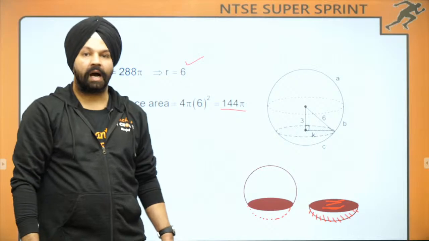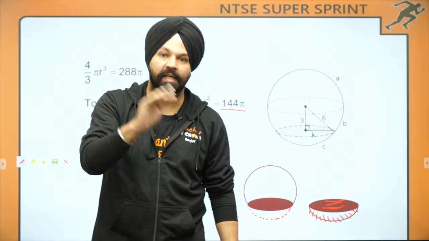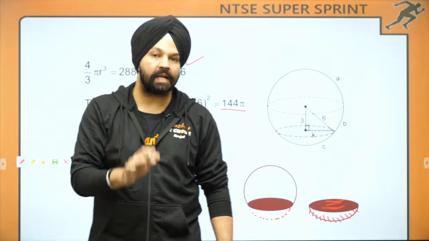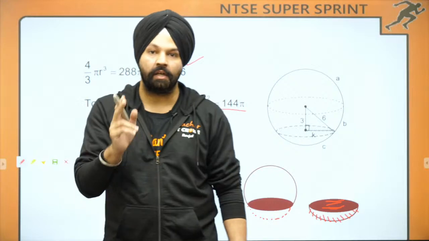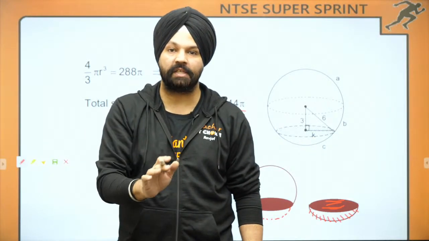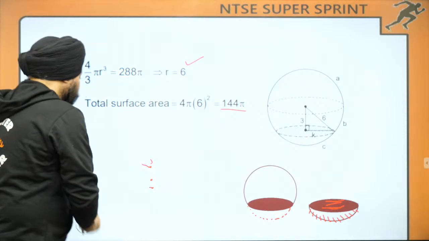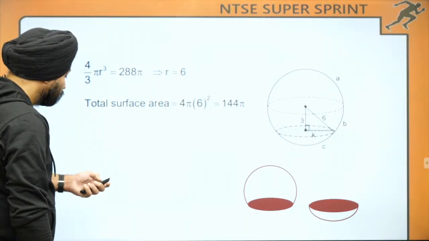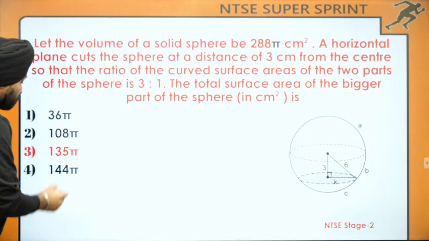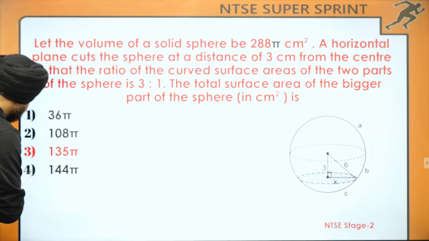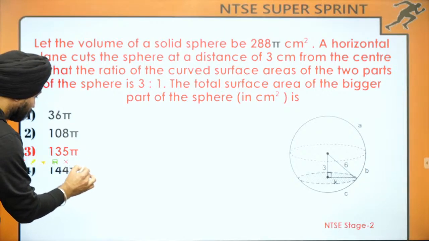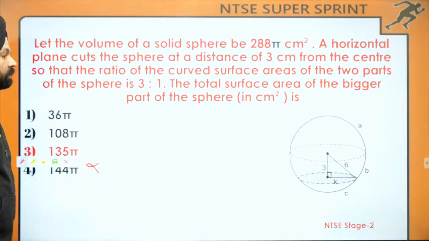So that means our answer has to be lesser than 144 pi. Our answer has to be lesser than 144 pi. That is quite clear, right? So that means this option is not possible.